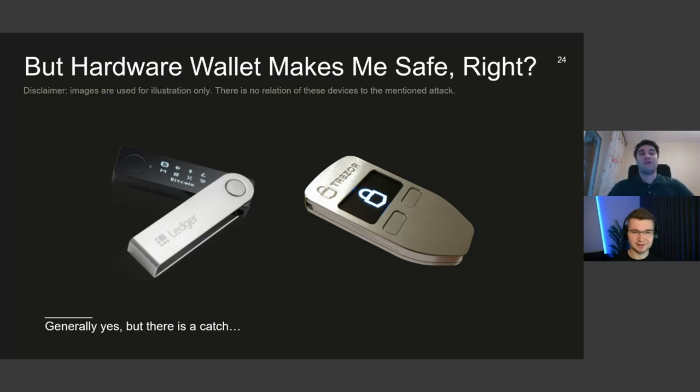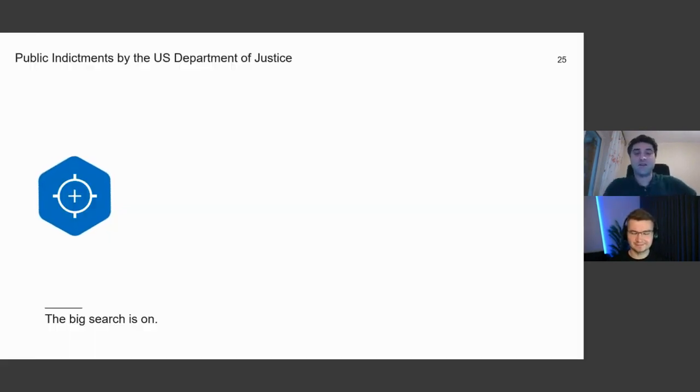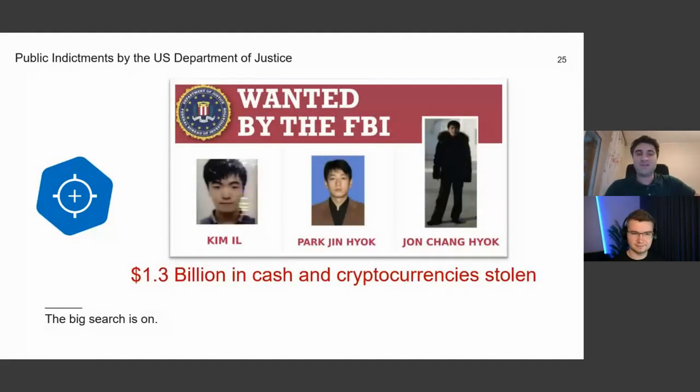Well, I think, yeah, this is a really nice question from our public as well, and I have another one after this slide. We've seen indictments by the FBI and Department of Justice, who actually said these are the people responsible for $1.3 billion stolen in cash and cryptocurrency by these attackers.